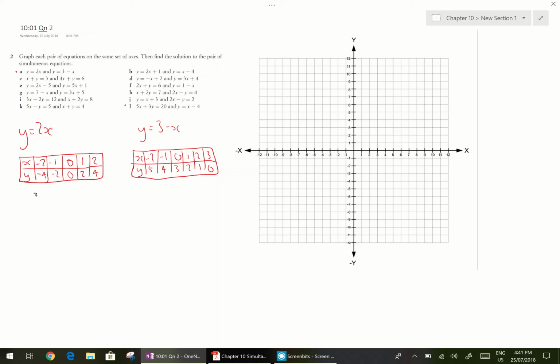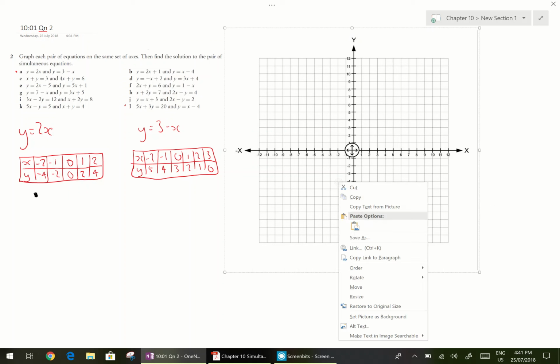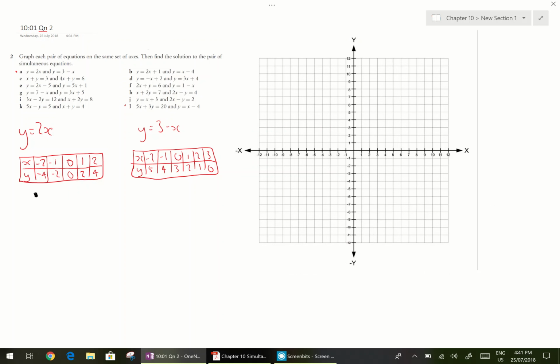So for this, I'll do this in black. We're going to plot -2, -4. So I'm going to come to my Cartesian plane, -2 on the x and -4 on the y. That's going to be here. -1 and -2. Oops, sorry. That's going to be -2, -4 is there. -1, -2, that's there. 0, 0, so through the origin, that's there. 1 and 2.